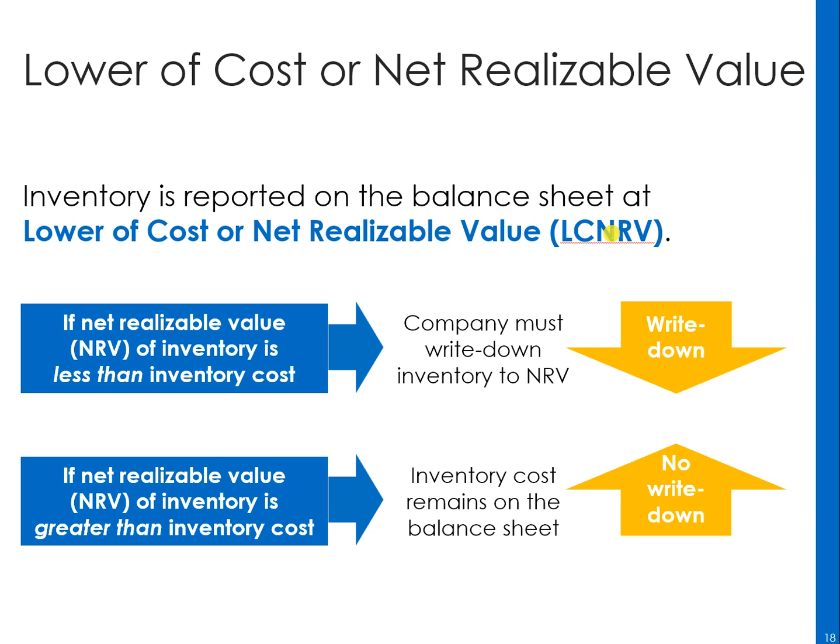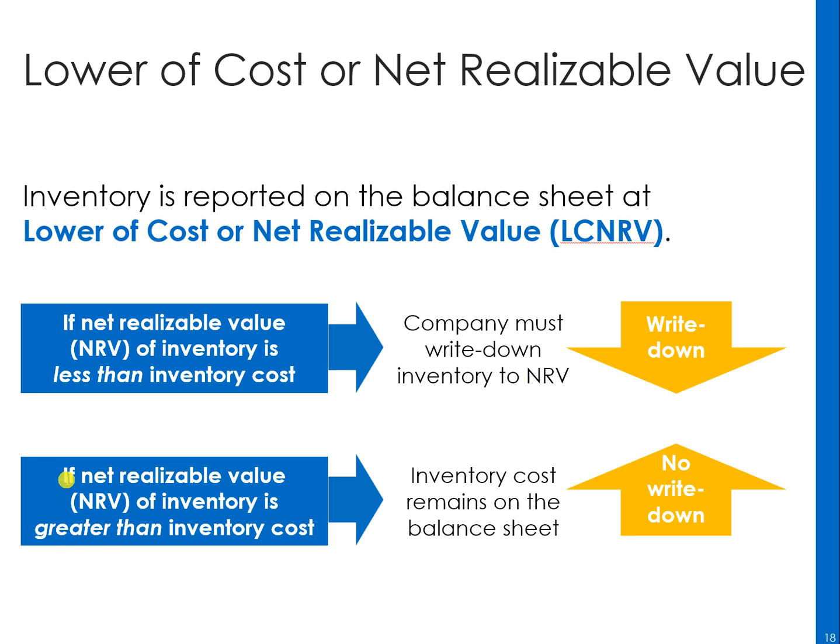But it's easy to understand. We know sometimes inventory value will go down, so the net realizable value, which is the value we can realize when we sell those inventories, will go down. When the value goes down, the company must write down the inventories and take the loss.